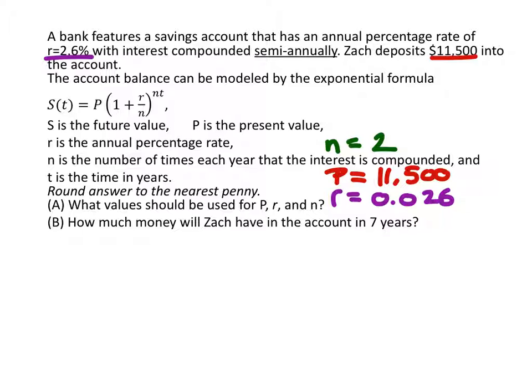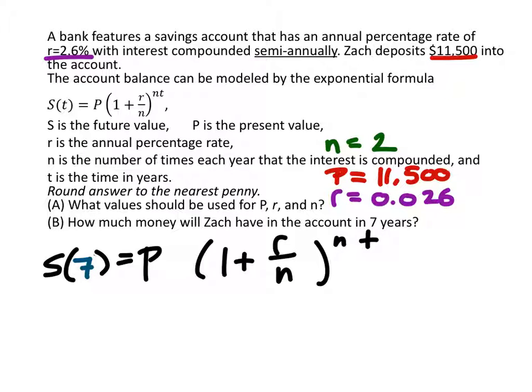Part B, how much money will Zach have in the account in 7 years? So it's really asking us to solve for S of 7 on this one. I'll change the color on that. So it was S of t, and t now is 7. So just writing this out, the formula, and I kind of spaced that out on purpose.